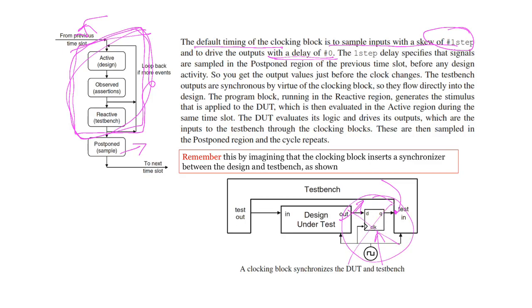It is not exact, but to remember it, you can imagine it in this way. It is not the correct way, but it takes some amount of time, and you can imagine it like this.